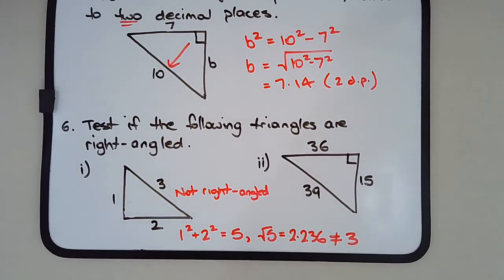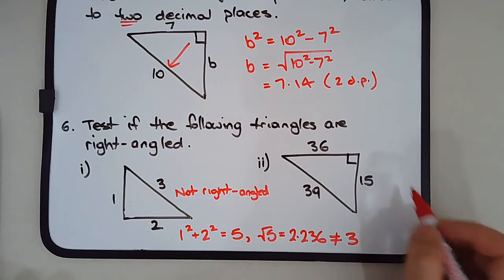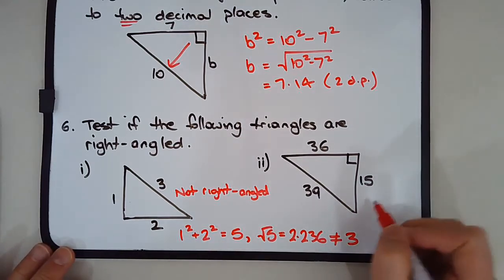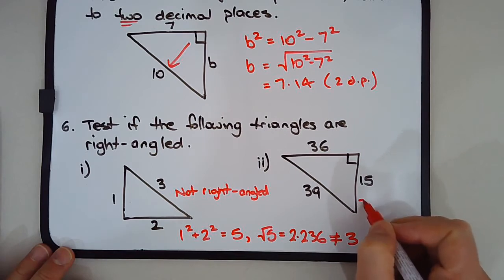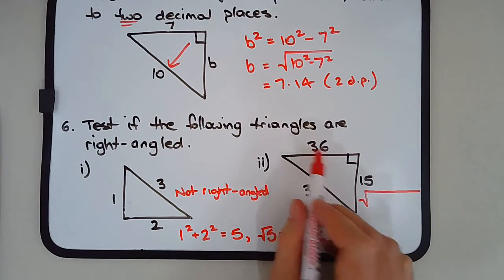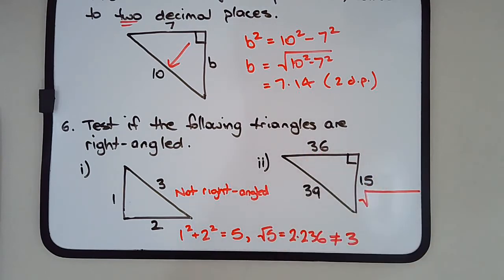What about this triangle here? Let's see what happens. What we could do is do this a little bit quicker than the last example, and write it like this. Square root of, now let's see if we can get 39 by adding the squares of 36 and 15. Take the square root, and we should get 39 as an answer.